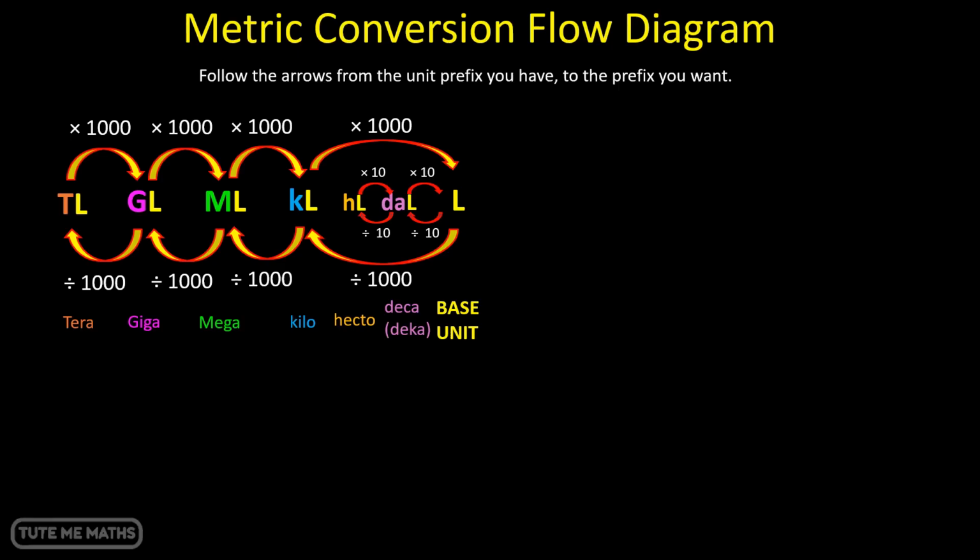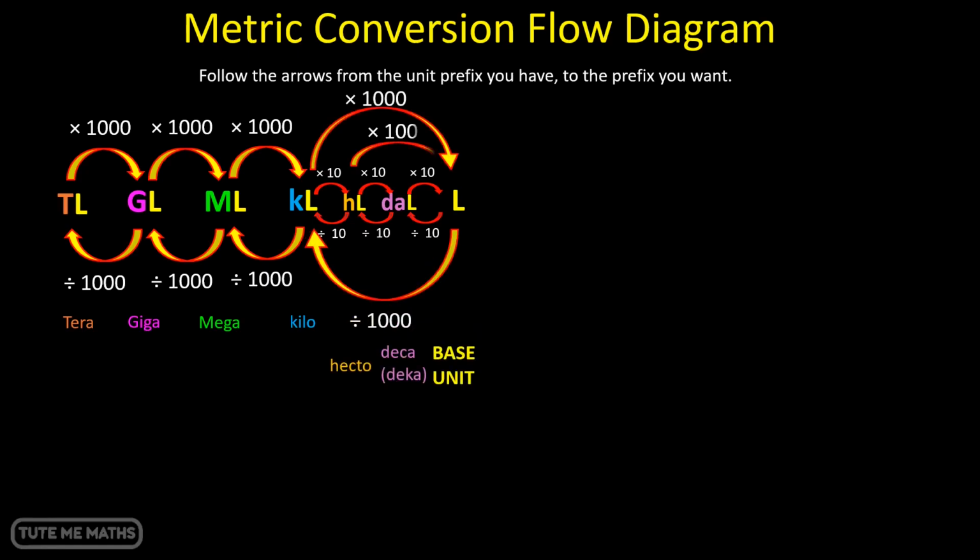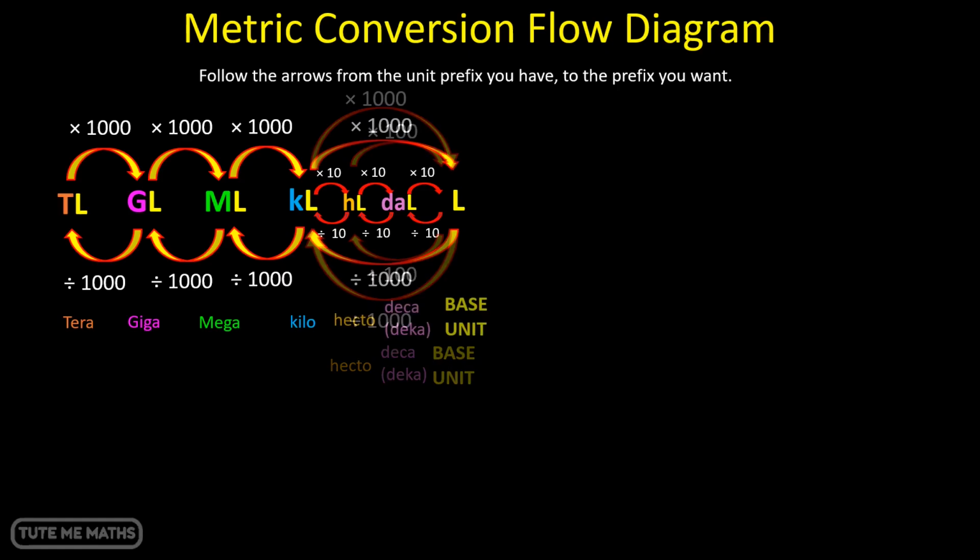And 10 lots of 100 is 1000, so conveniently the conversion factors from hecto to kilo are also 10. Since hecto literally means 100, we could multiply by 100 to go straight from hecto to the base unit. But once again, it looks a little too busy and we will leave it off this flow diagram. You could always use the relevant definitions or combinations of factors if you understand them well enough.